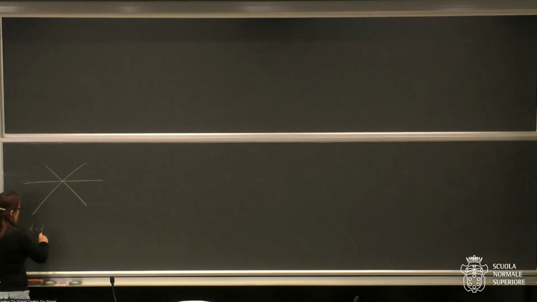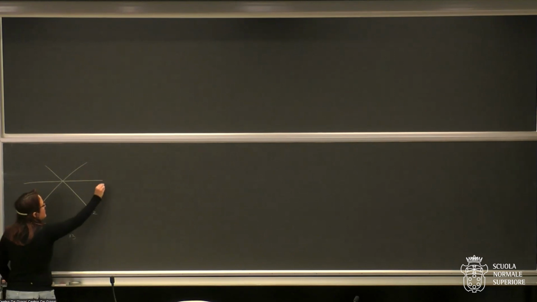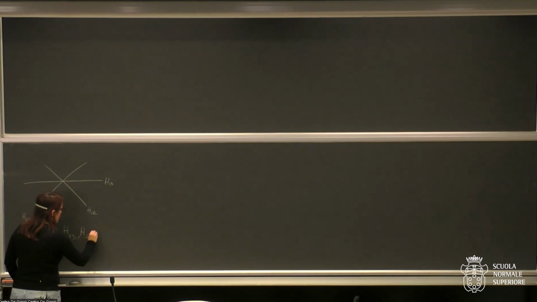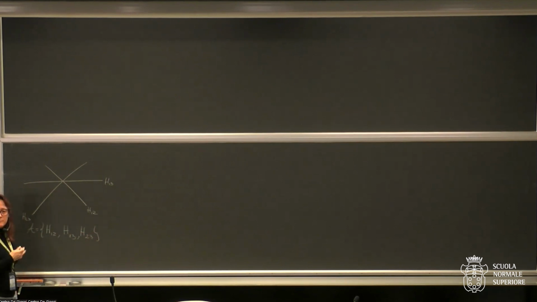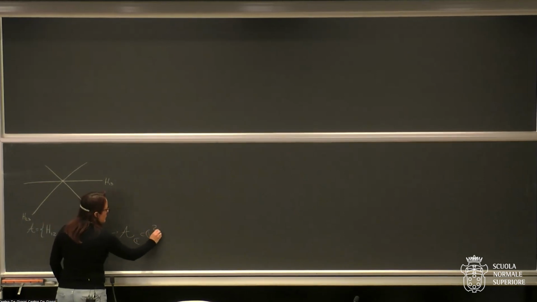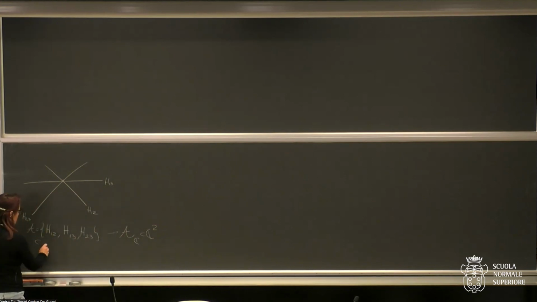This is H12, H13, H23. And we complexify it. We go to A_C, contained now in C^2, while this is contained in R^2.